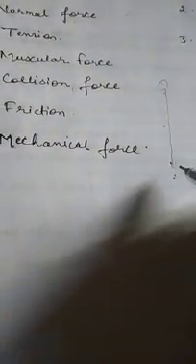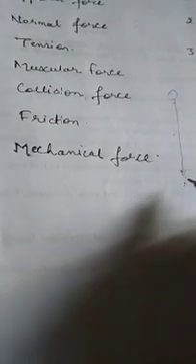Similarly, a car or a scooter also comes to rest once the engine is stopped. Why is it not moving? Because the friction present on the ground opposes its motion, and finally it comes to rest.